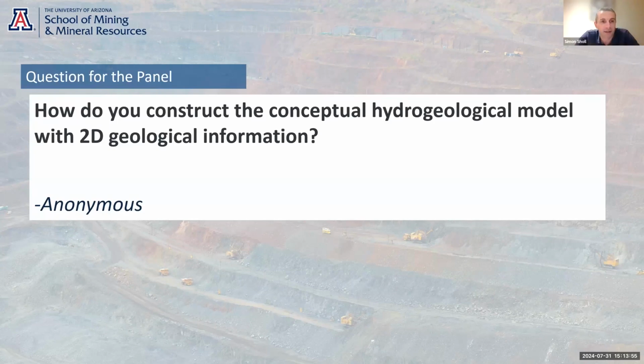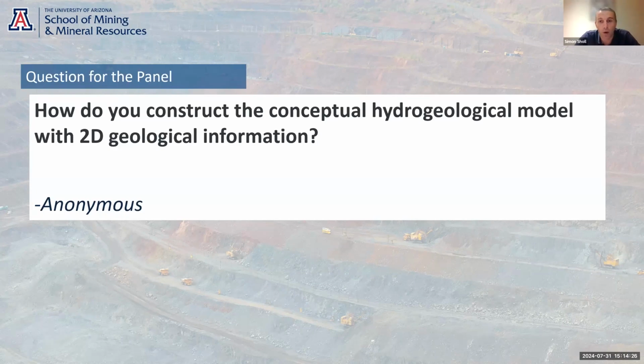To flip it slightly, a plan map, a geological map, is also a 2D piece of geological information. On a remote project that we're working on at the moment, whilst the mine site itself had a lot of 3D geological information, the broader area that has a big influence on the regional groundwater flow systems had very little three-dimensional data.